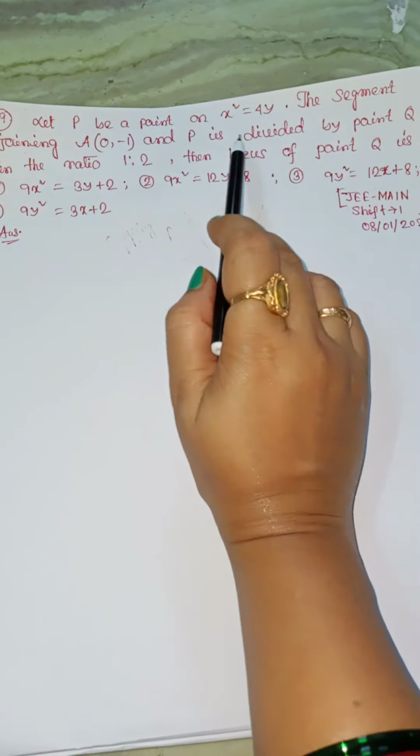Understand? So our point P is equal to 2t comma t square. I think it is clear.